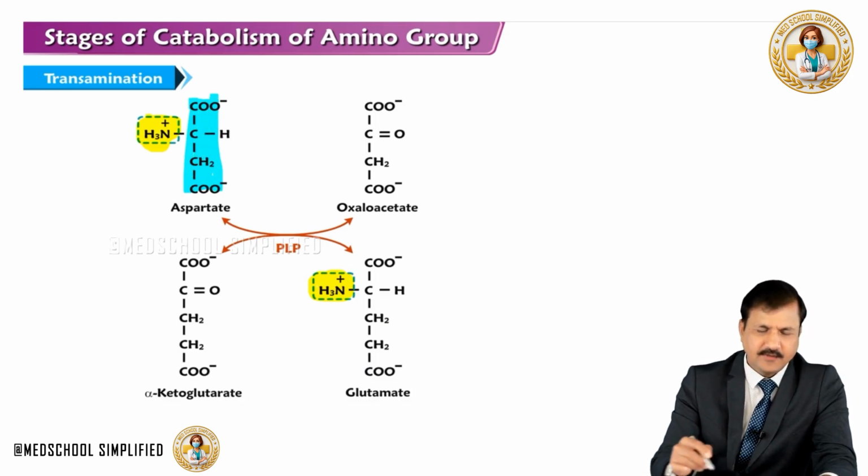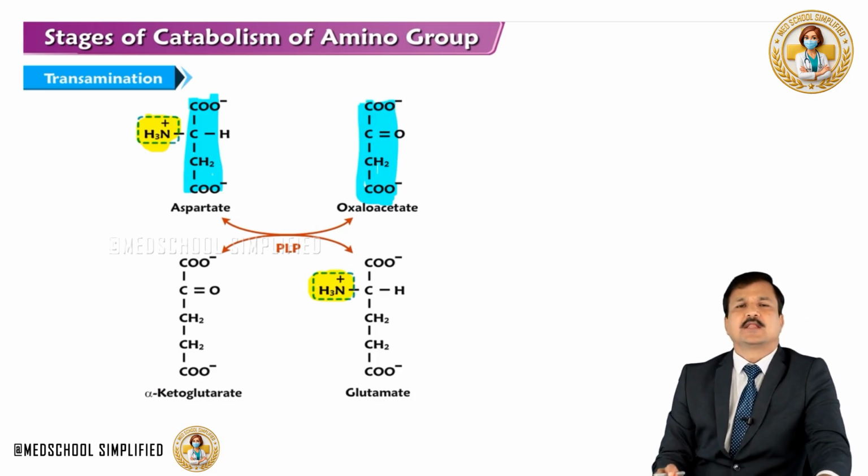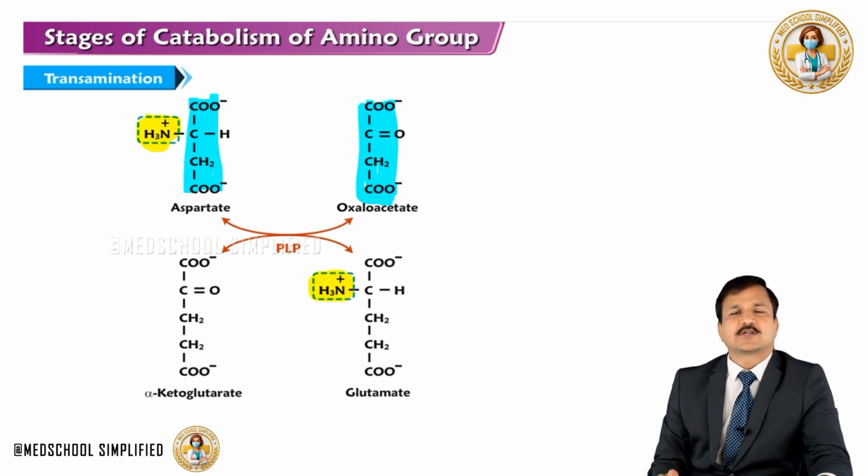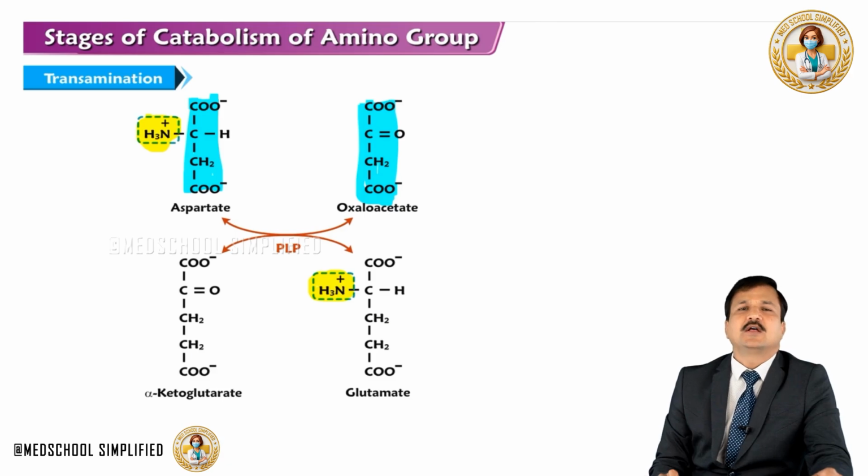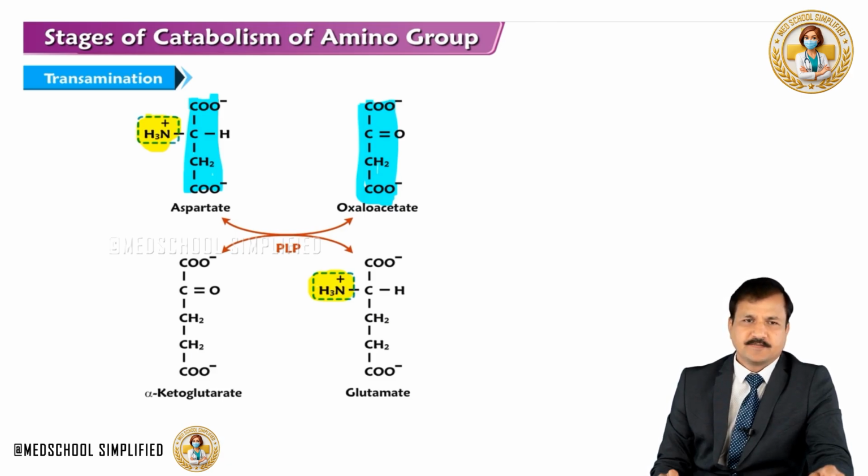So at the end of the transamination reaction, the oxaloacetate carbons are the same color as that of the aspartate carbons. That means the carbons of oxaloacetate are actually carbons of aspartate, whereas the amino group of glutamate is actually the amino group of aspartate.